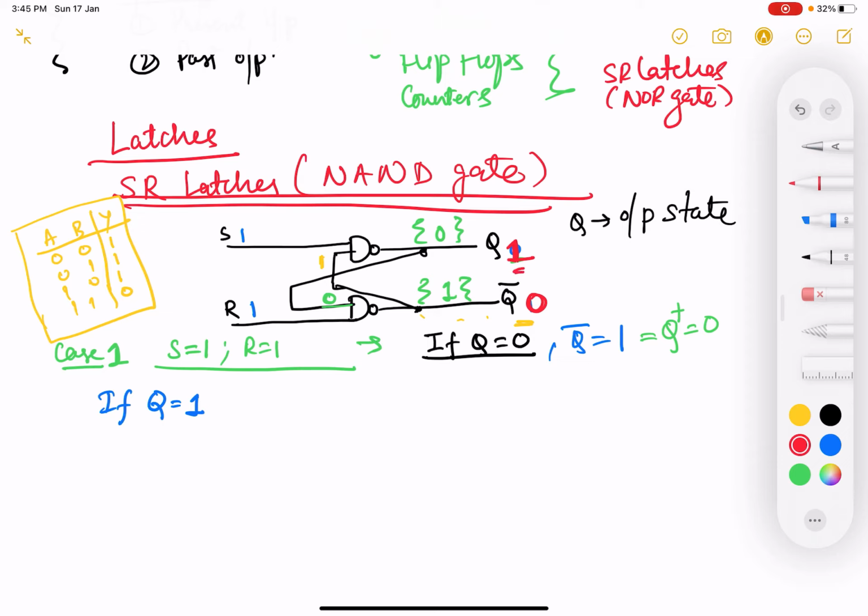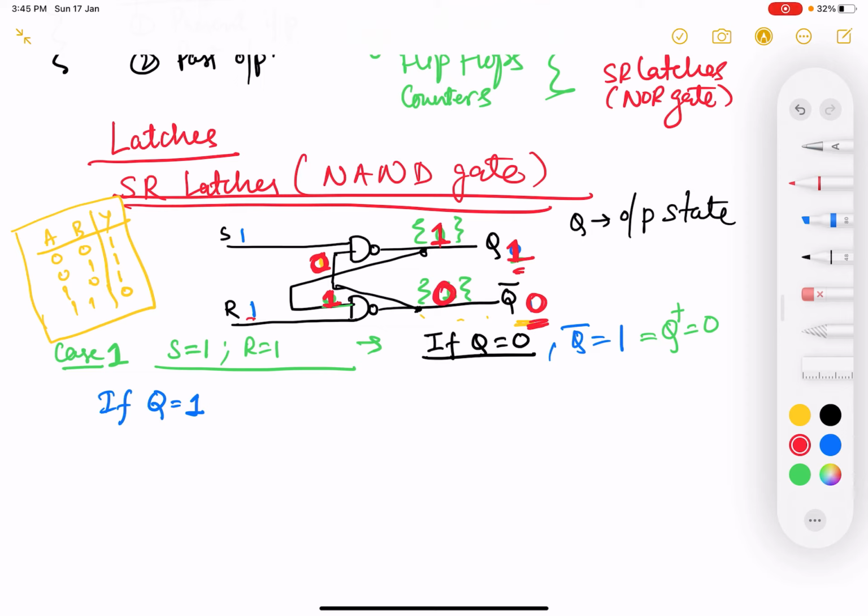Now this 1 is coming over here, and this 0 is coming over here. When 1 and 0 is applied, the output of the NAND gate is 1, and when 1 and 1 is applied to the lower NAND gate, the output of the NAND gate is 0.